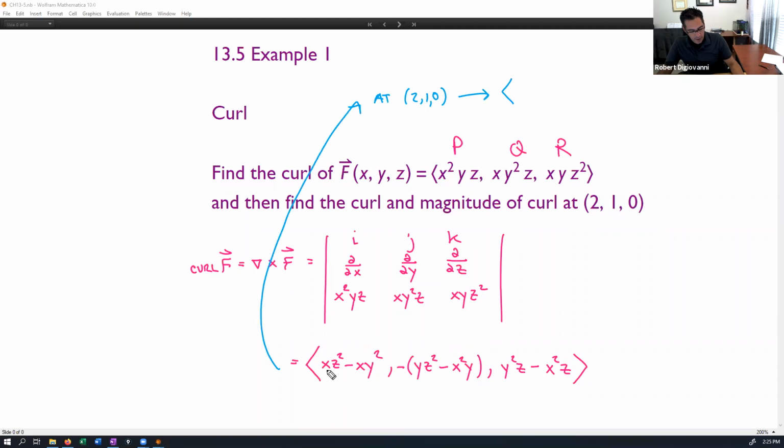If I replace 0 for z here, you get -2 for the first one. Z being 0 is going to kill that off. Let's see what we get here: 4, -4. So I think we get 4 in the middle, and the last one we get 0.